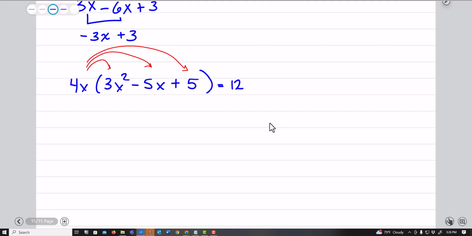X to the first power times x squared with my exponent rules, that would be x to the 1 plus 2. And so now I'm going to do the next one. 4 times 5, negative 20. X times x, x squared. And then finally the last one, 4 times 5, 20. And then I'm left with that x.